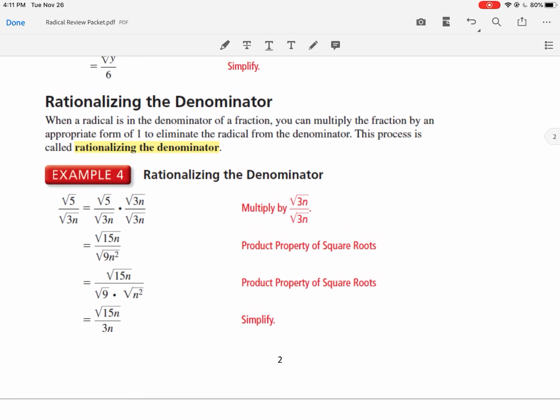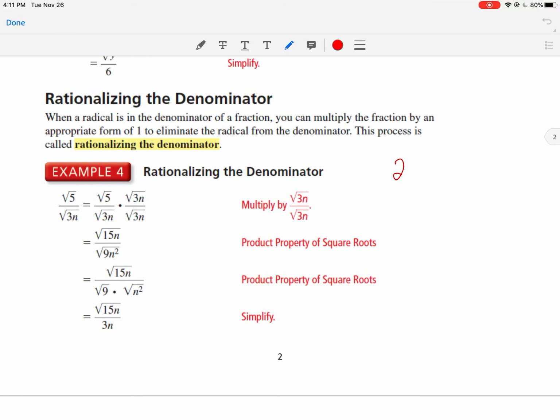Cube roots and fourth roots are a little different. If we've got 2 over the cube root of 3, to get a cube root out, we need 3 of something. Right now, I only have 1 of something. So I would have to multiply by the cube root of 3 squared.